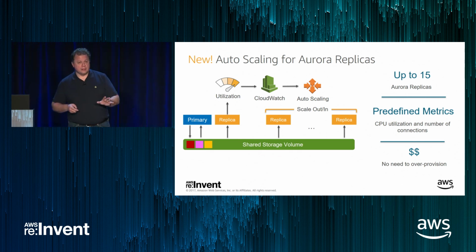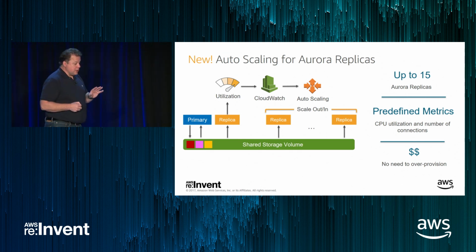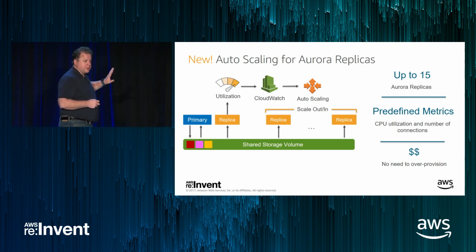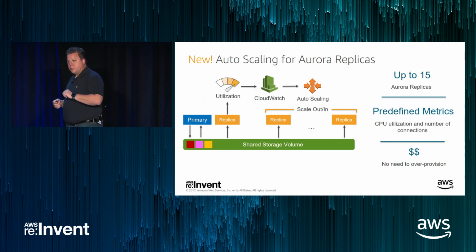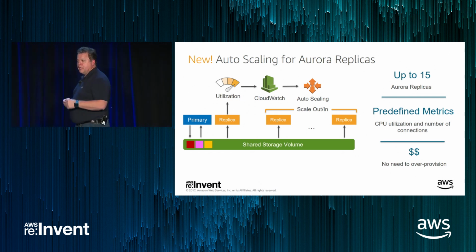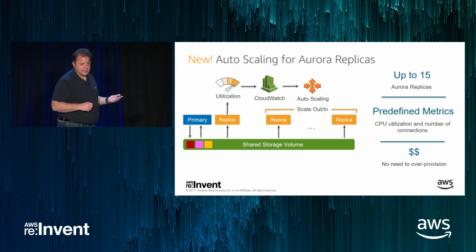It is worth noting that, going back to the client configuration, DNS caching is something to pay very close attention to when you're using Aurora. Because we manage the DNS for you. With that reader endpoint, for example, it's a DNS alias. We have all of the nodes that sit behind it, and our TTL is very short. It's only a couple of seconds.